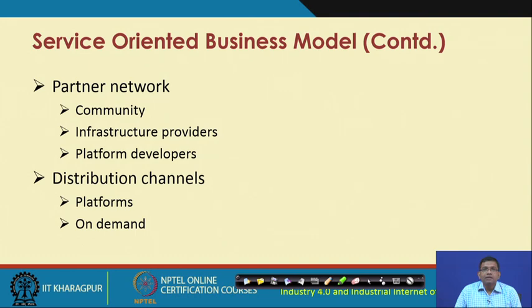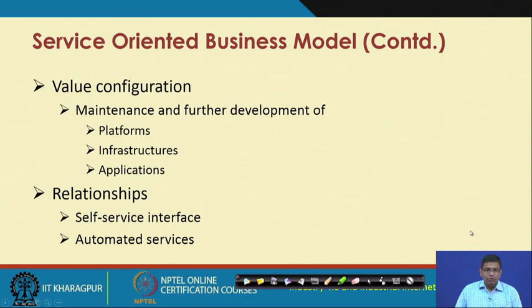The community, the infrastructure providers, the platform developers, these are the different people that join hands in the partner network, and the distribution channels on demand or the different platforms that are used. So, these are also important considerations in the service oriented business model.